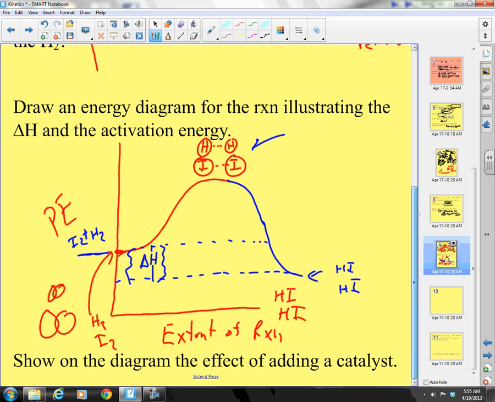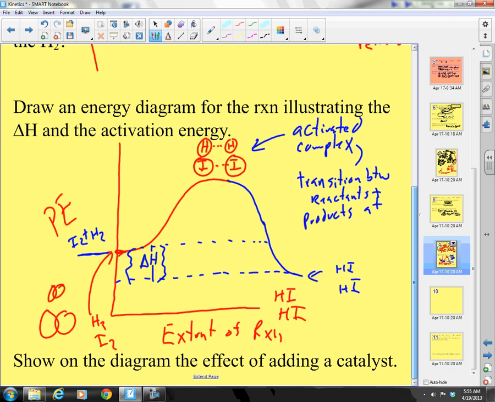Up here, this is what we call the activated complex. Activated complex. Good. And what is an activated complex? You want to make sure we add notes here. Activated complex is the transition between reactants and products at which energy is at a peak or its maximum.